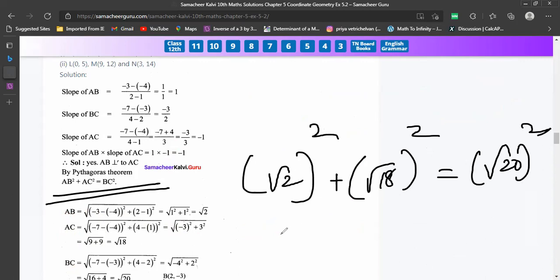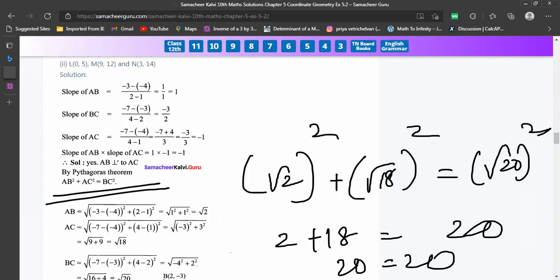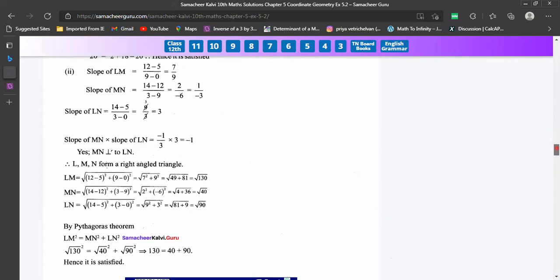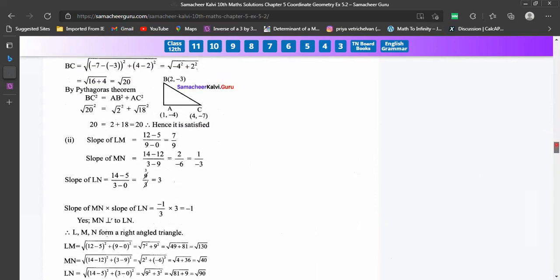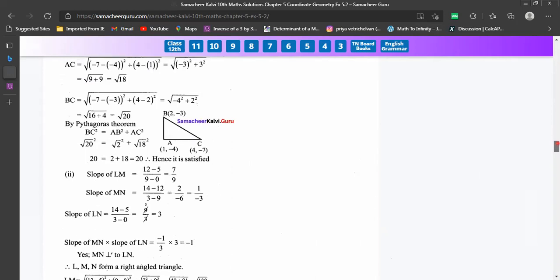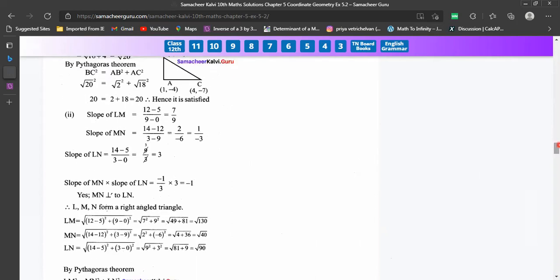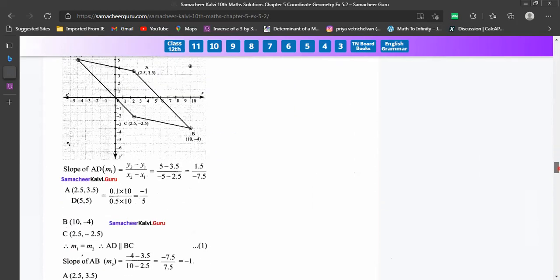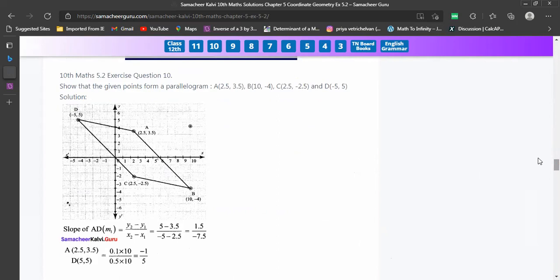So it will be 2 plus 18. Here it will be 20. So 20 is equal to 20. Is it clear? Yeah. So from that we can say it follows Pythagoras theorem. The subdivision 2 is also the same kind of problem. We'll move to the next question.